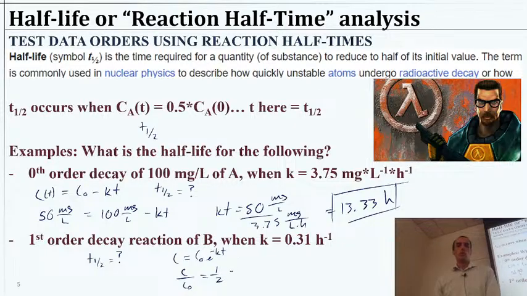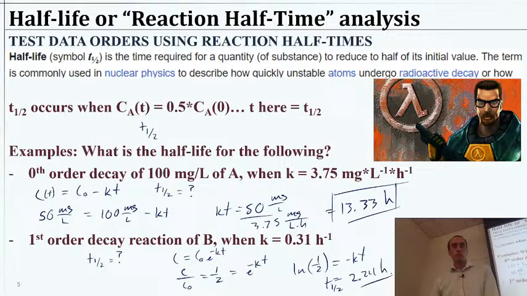So when we divide both sides by C naught, we get 1/2 equals e to the negative KT, or we can just say the natural log of 1/2 is equal to negative KT. And given that K, the half-life would be what? 2.24 hours, right? Okay, great. So just a little example there.